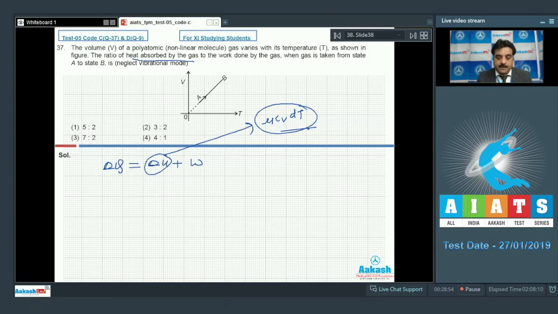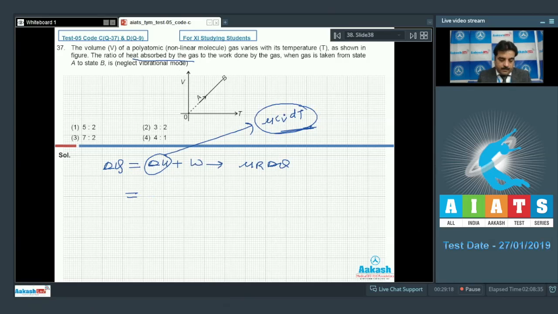If you have an ideal gas, whether temperature is constant or volume is constant or not, you can use this relation in place of delta U. But this is valid only for ideal gas. And W means work, mu R delta theta. Delta theta is the temperature change.